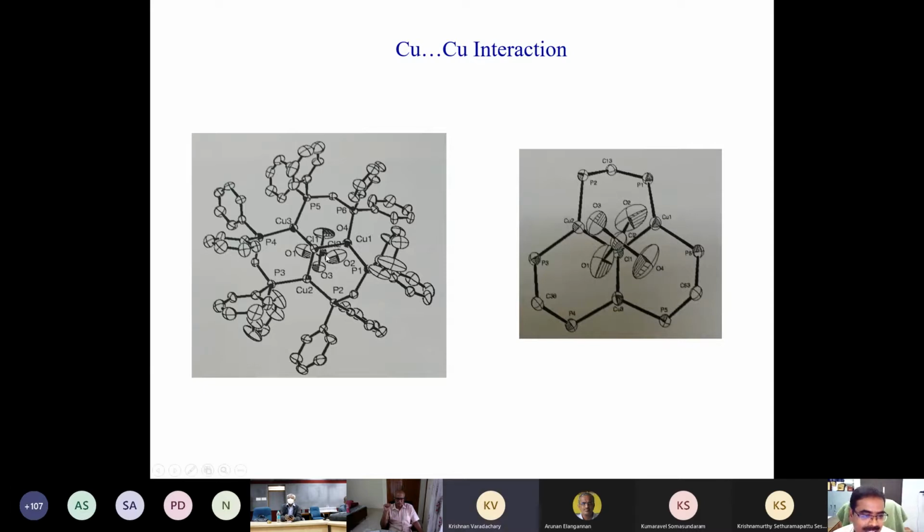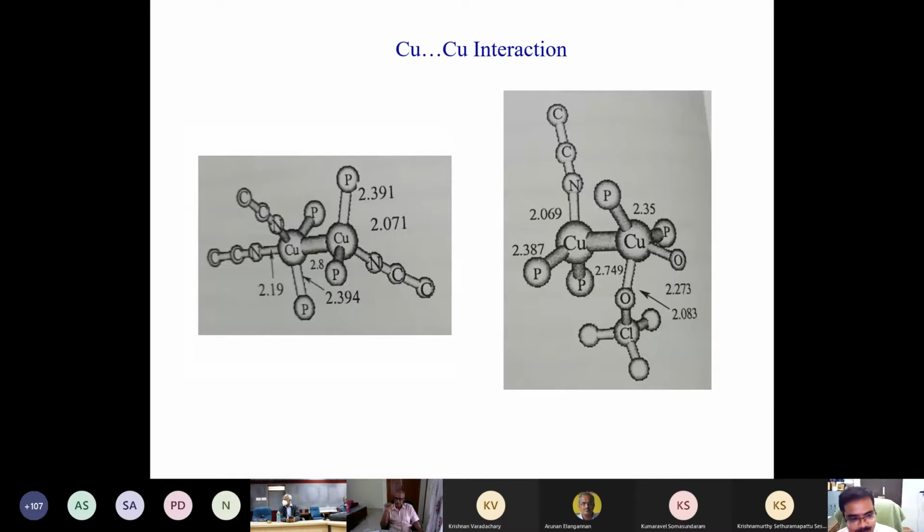In this case, we could encapsulate a perchlorate anion, and this perchlorate anion binds with all three copper centers in an unequal manner. And therefore, we call this complex a making and breaking cluster. Later on, Ritu Ahuja made one dinuclear complex in which two copper centers contain two different coordination numbers.